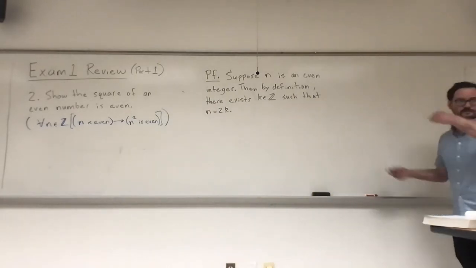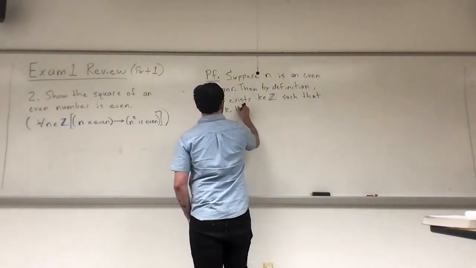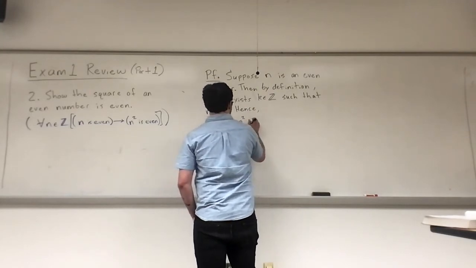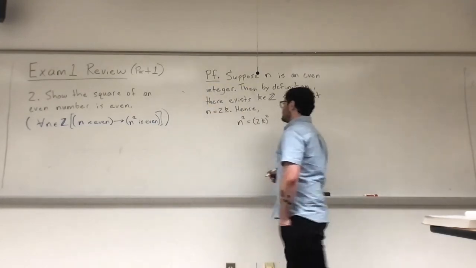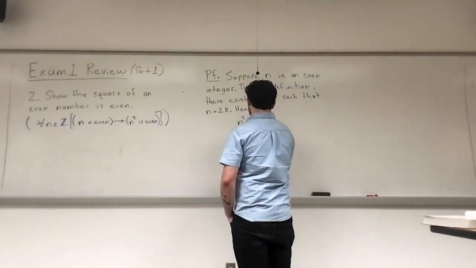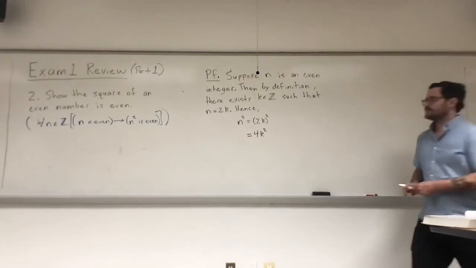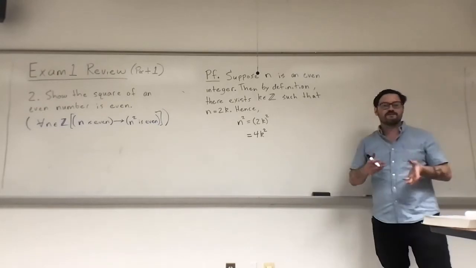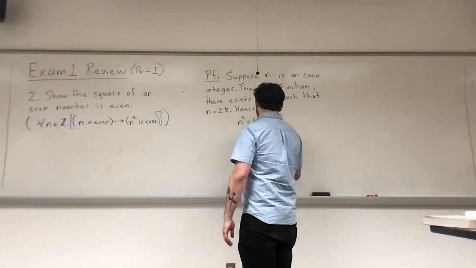Okay, so the next step is a little bit of algebra. So you can say, hence, n squared is equal to (2k) all squared. Notice my placement of the equation. Now this doesn't look even to me, but we can make it look even. The definition of being even is twice an integer, so I just factor out a 2.